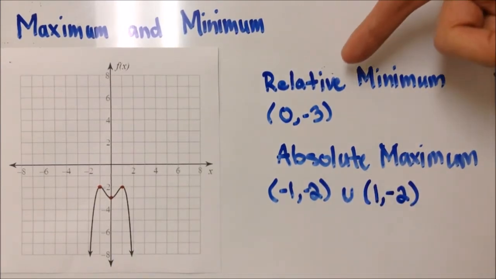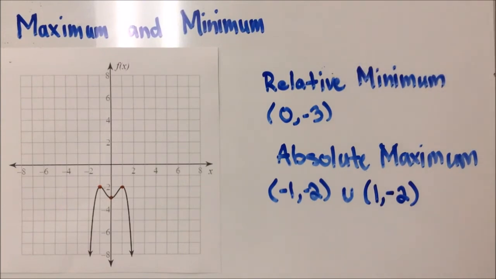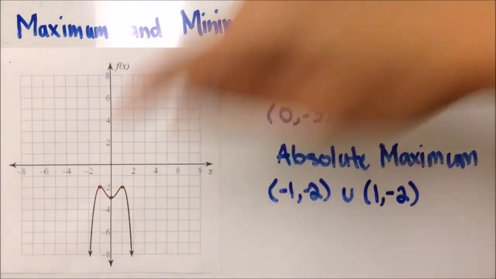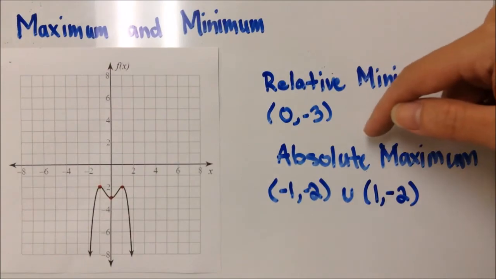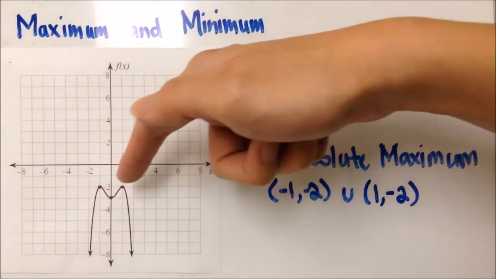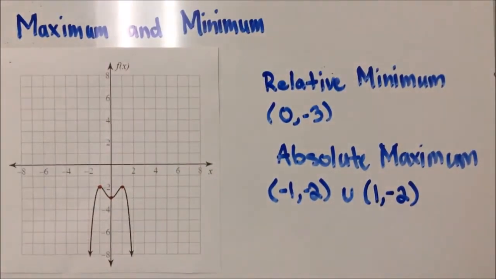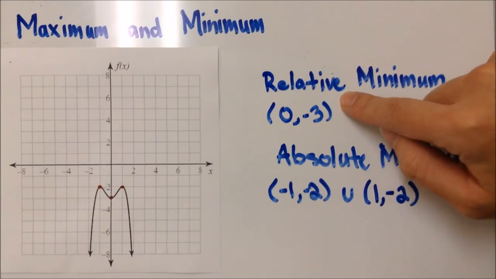The reason we use relative was because there's only one minimum. And the reason we use absolute was because there were two maxima. The same thing could be said if there were two minimums, then it would have been absolute minimum instead of relative.